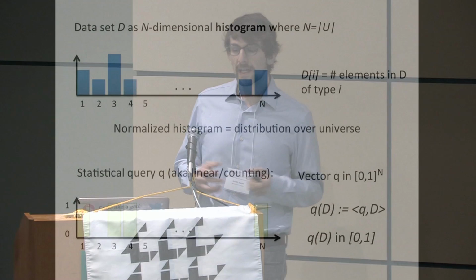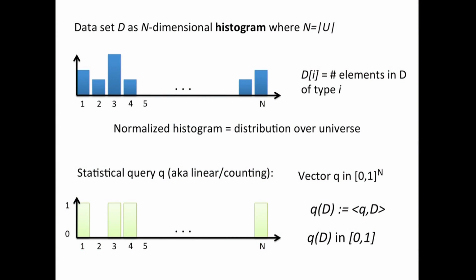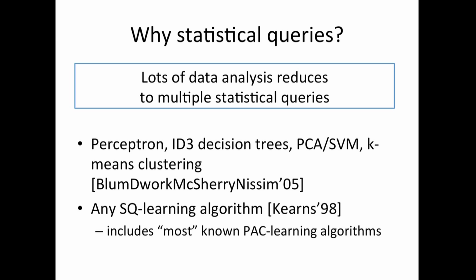And why should we focus on statistical queries? Just one slide. It's basically because lots of data analysis reduces to asking multiple statistical queries, and we can do a lot of useful things by knowing or learning statistical queries about the data set. Here are some well-known examples that were pointed out a while ago.